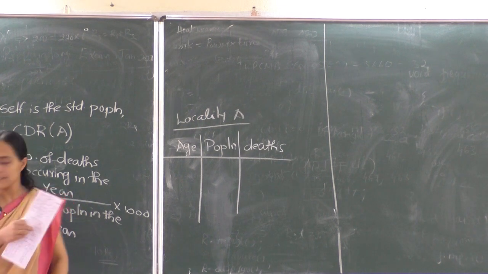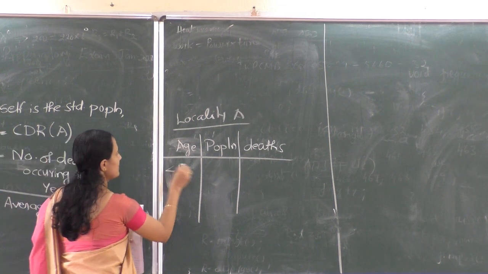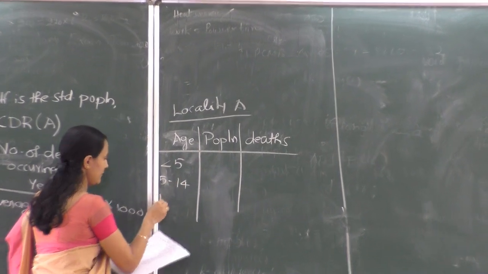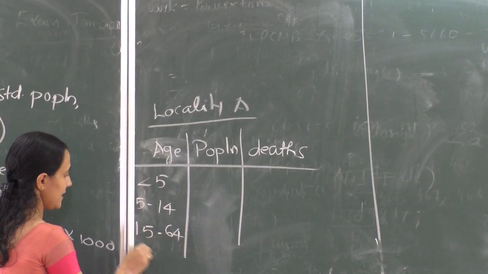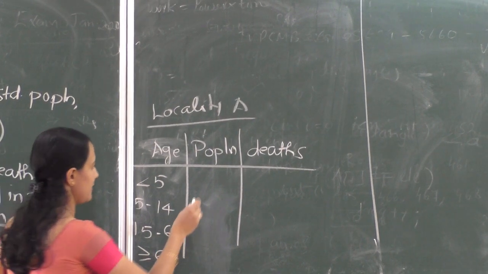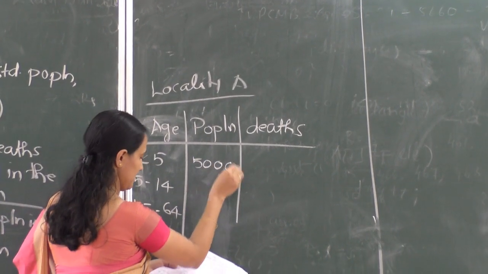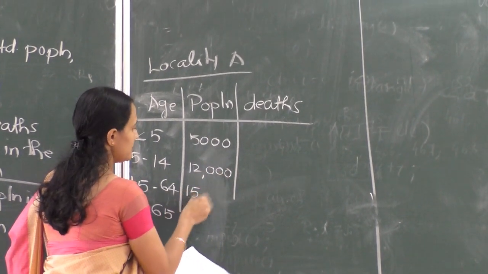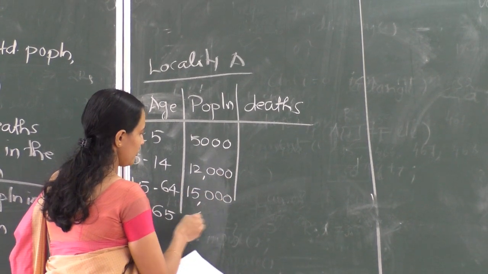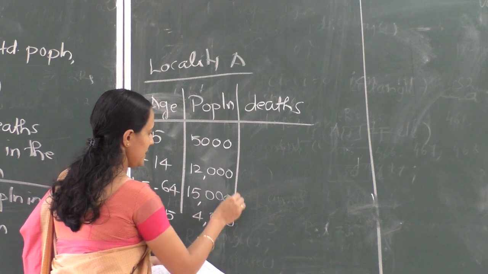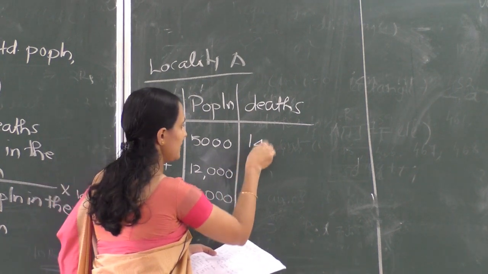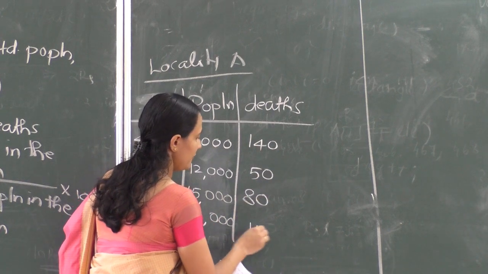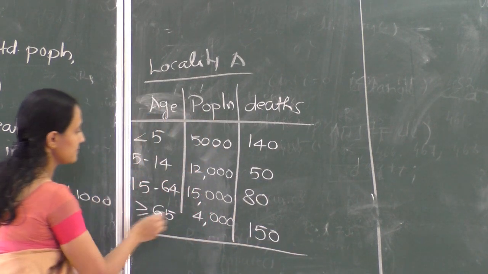Age is less than 5, 5 to 14, 15 to 64, greater than or equal to 65. Populations are 5,000, 12,000, 15,000, 4,000. Deaths are also given: 140, 50, 80, 150, and this total.